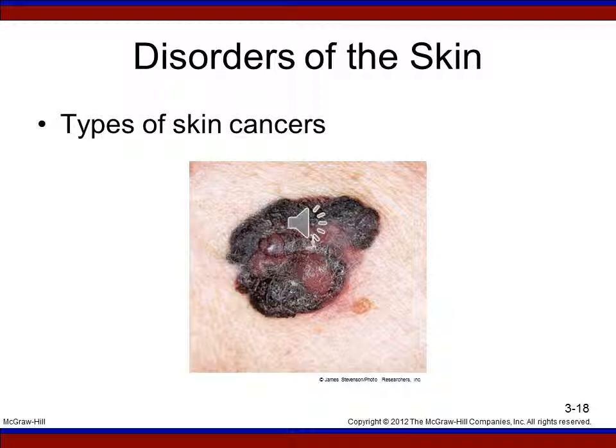M-E-T-A-S-T-A-S-I-Z-E. What is the risk factor for developing malignant melanoma, you ask? Exposure to excessive sunlight and tanning, plus overexposure to ultraviolet radiation. There are some other types of skin cancer which include basal cell carcinomas. This comes from the basal layer of the epidermis, which means the bottom layer.